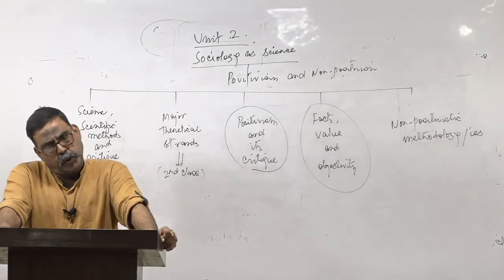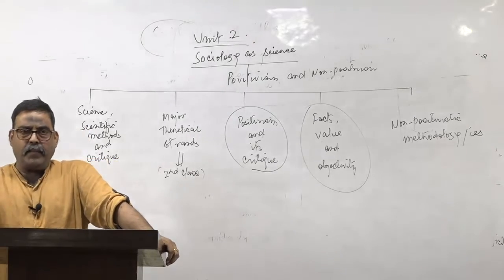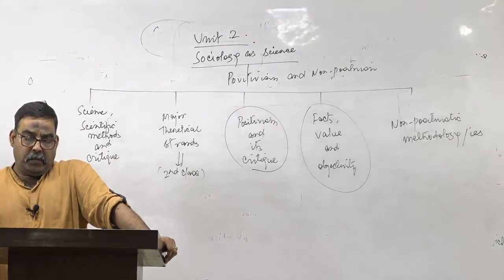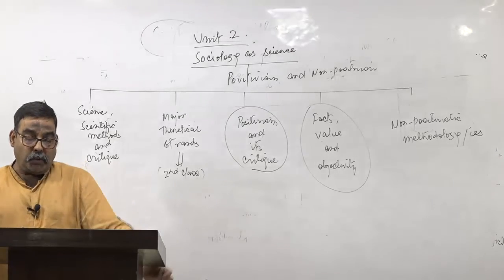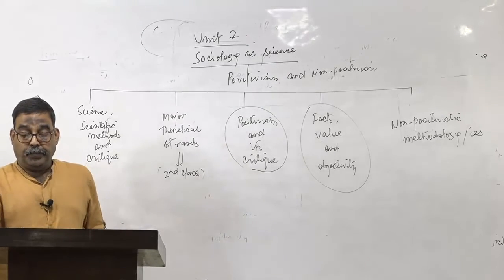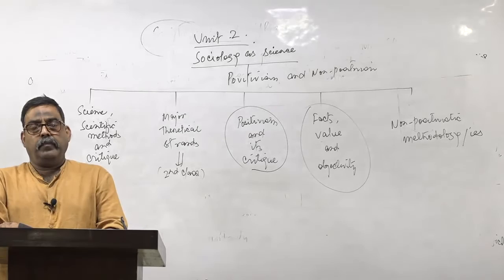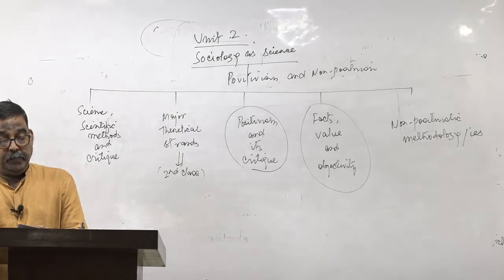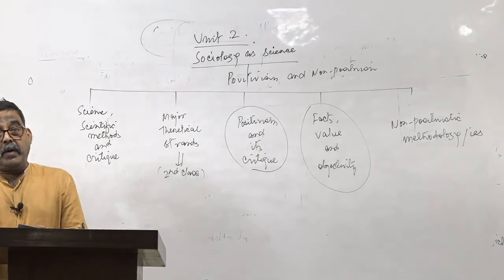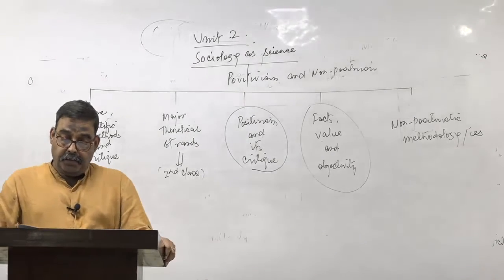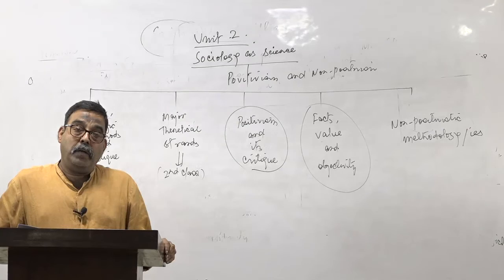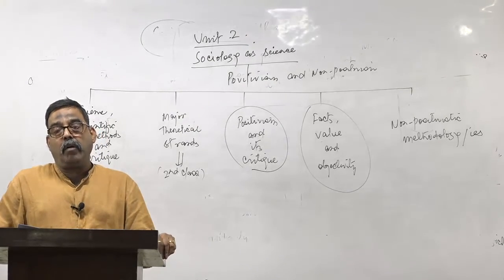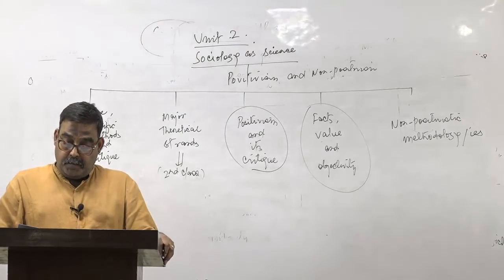Though let me say that it is true, not denying the fact that the basic unit of analysis in sociology are human beings whose behaviors are not mechanical. But it does not mean that sociological analysis is not logical and systematic.